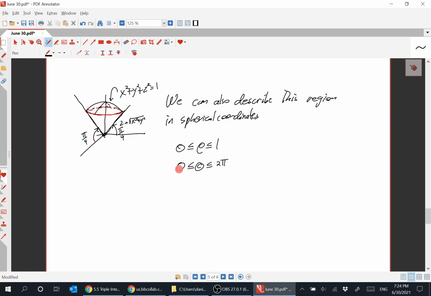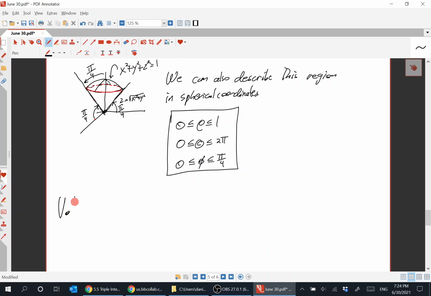And then phi goes from 0 to pi over 4, the angle of declination, 45 degrees. So that ice cream cone shape has a real nice description in terms of spherical coordinates.